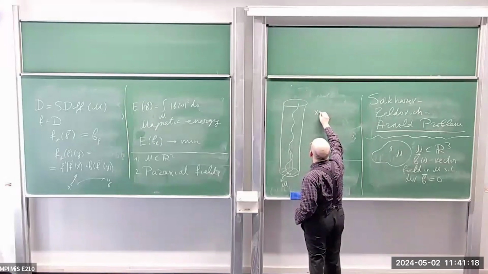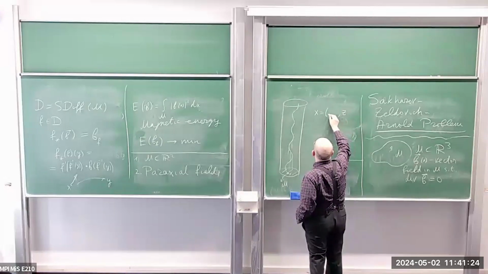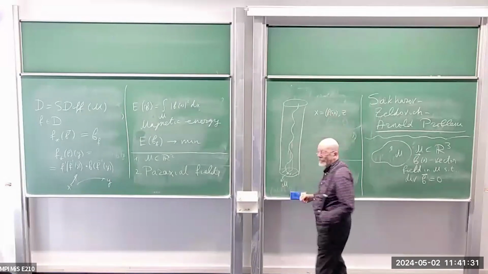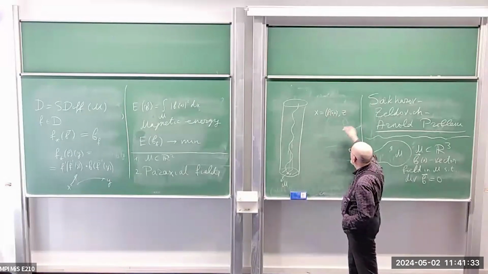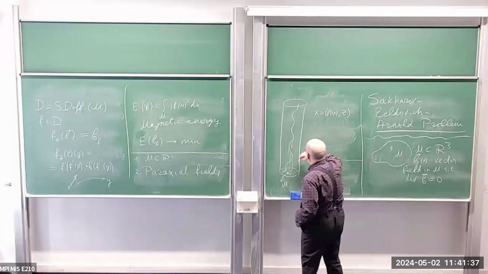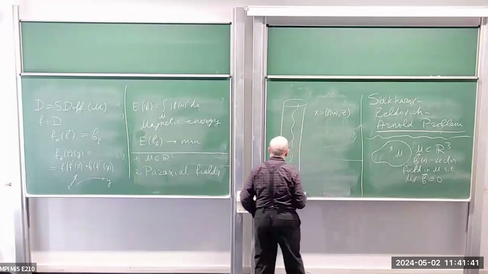So we have some trajectory, X equals f of X, z. It is the line of the field.